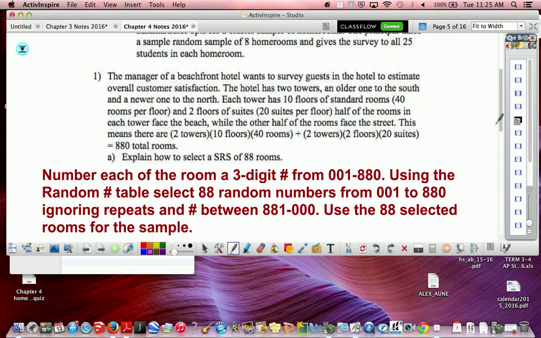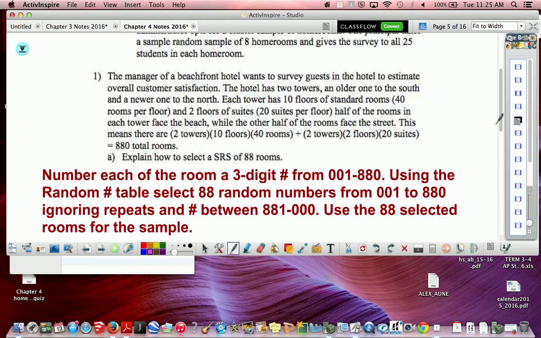You don't actually have to do it because it doesn't say to actually calculate or determine which of the 88 rooms are selected. You would probably have to use half your random number table to actually do this.